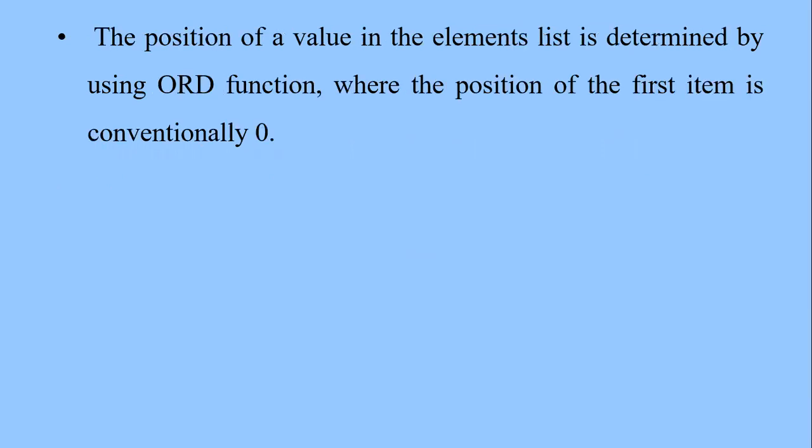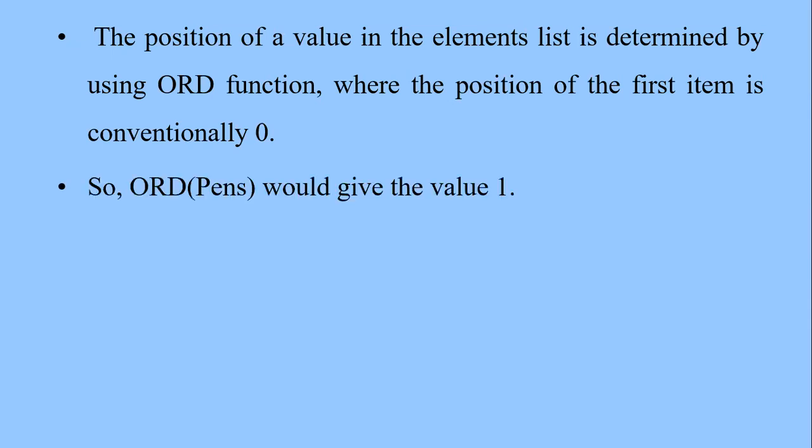The position of a value in the element list is defined by using the ord function, where the position of the first item is conventionally 0. So the ord of pens, or when we pick pens and send it to the function called ord, would return a value of 1.